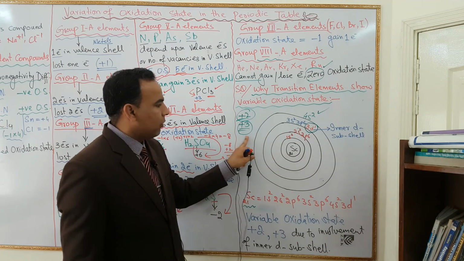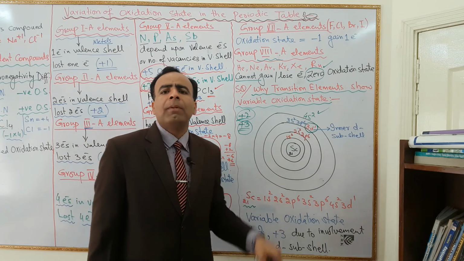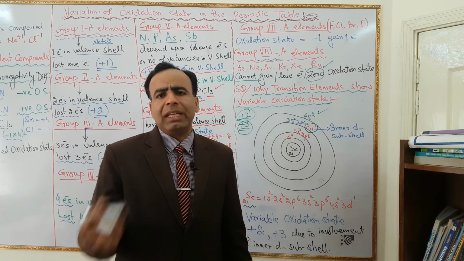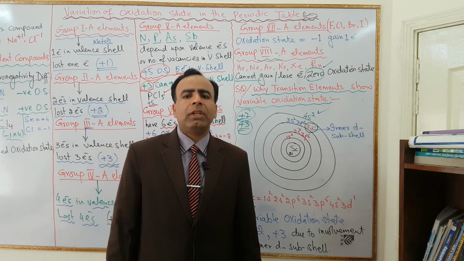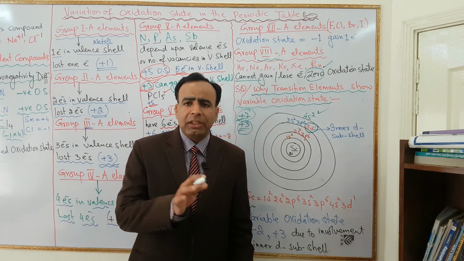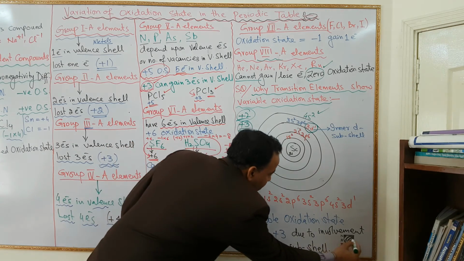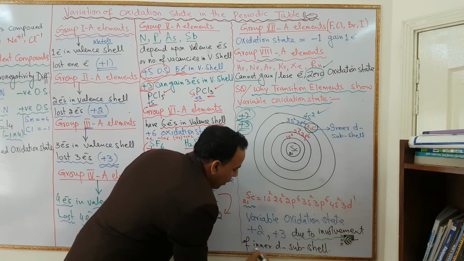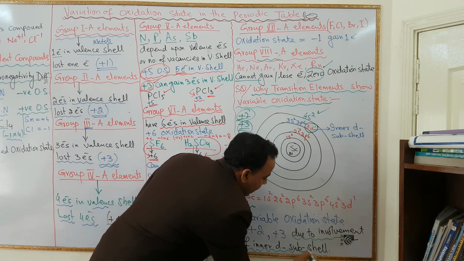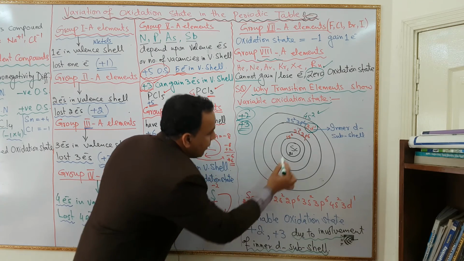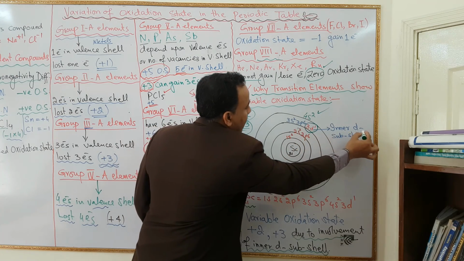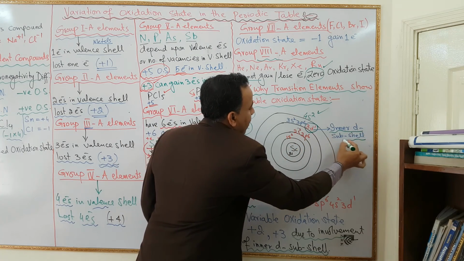Therefore, oxidation state of scandium changes to +3. Therefore, we can say that oxidation state of transition elements changes due to involvement of the inner d subshell. This is called the inner d subshell.